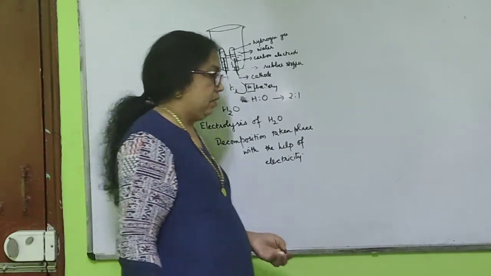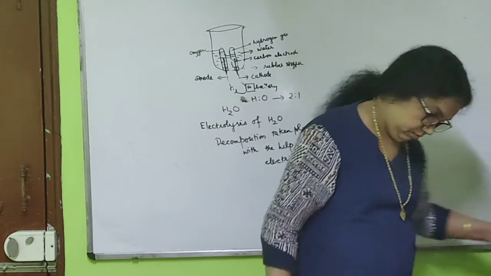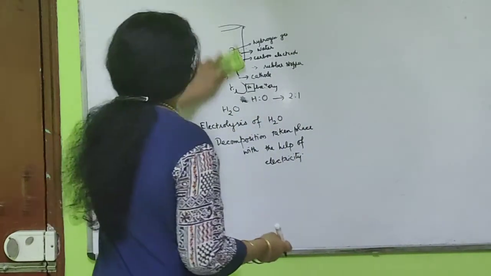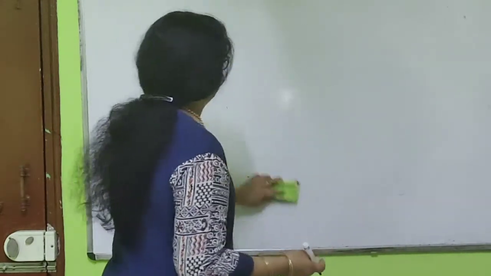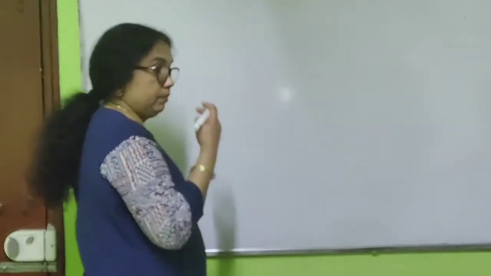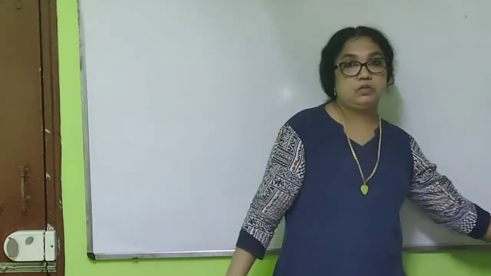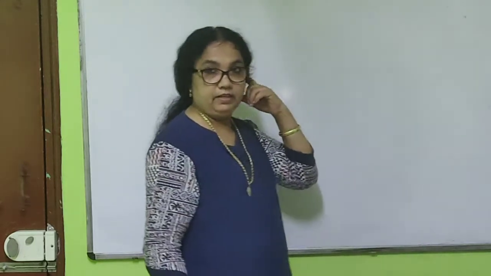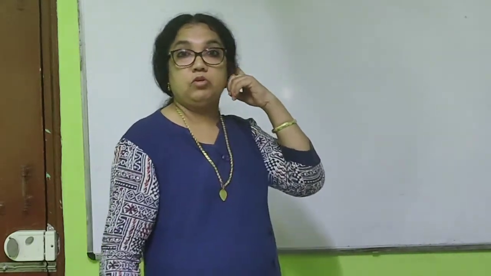Now another example for decomposition, where energy is used in another way. The experiment I just explained, electrolysis of water, is important. You have to study it well, and also draw its labelled diagram.